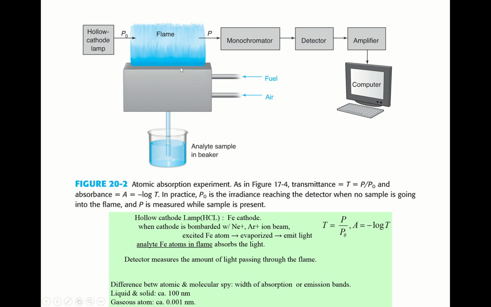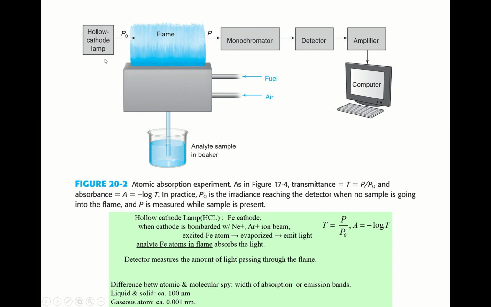So if we want to measure the copper concentration in the sample, you have to use a hollow cathode lamp made of copper, because that lamp generates light which is characteristic of copper.